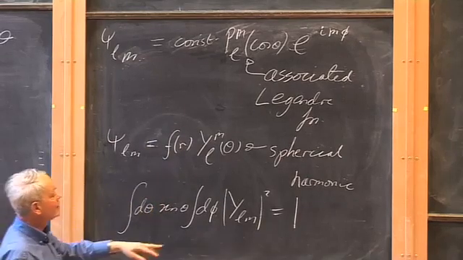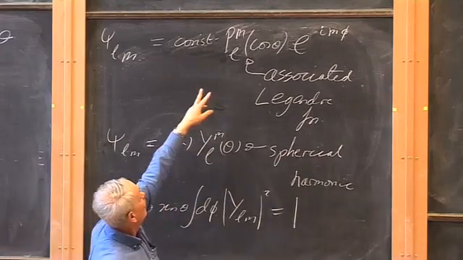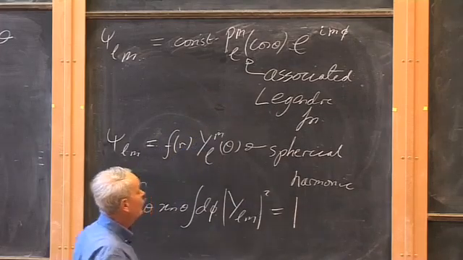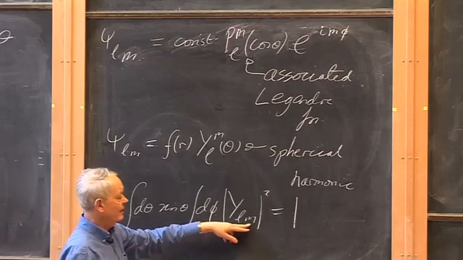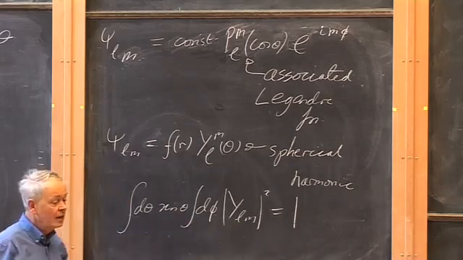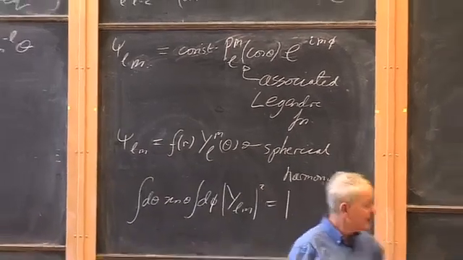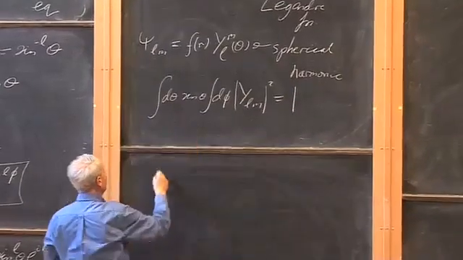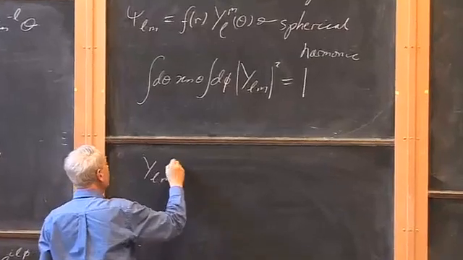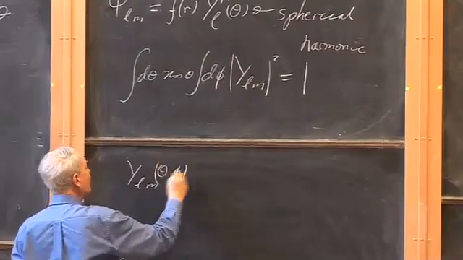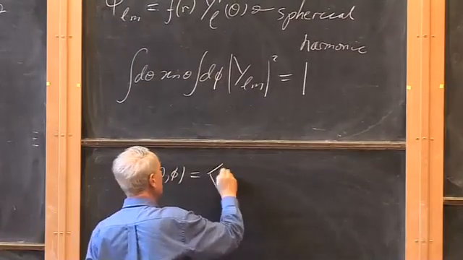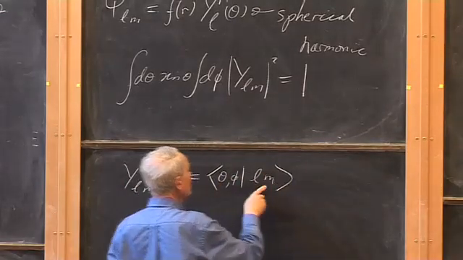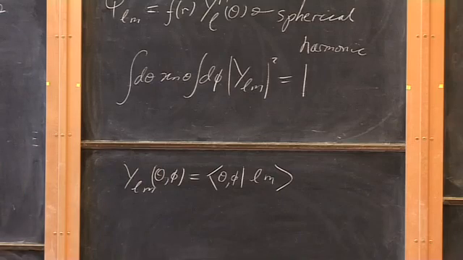The YLMs are the things to go on, but the YLM is actually one of these functions of cos theta times e to the I m phi. So it has a very simple phi dependence. Now let's just summarize what we have. These things, YLM of theta and phi, are essentially the wave functions belonging to states of well-defined orbital angular momentum.